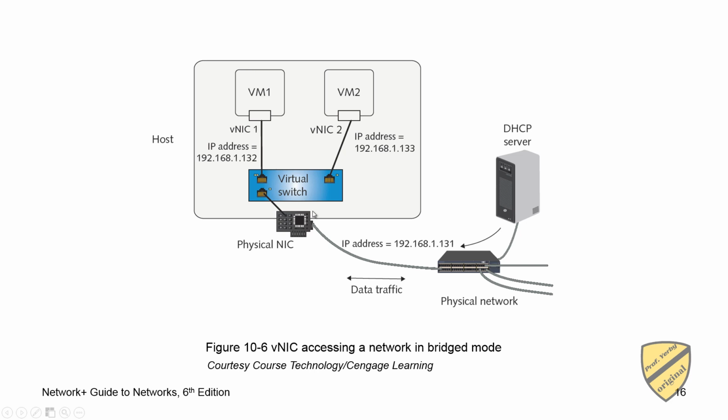It sends out a broadcast and says, hey, I need an IP address. And whatever is handing out IP addresses, if you have a DHCP server, or more likely your wireless router handling DHCP, says, okay, sure, here it is, and sends the IP information back to each device. So we see this is our device 132, and this is 133, and the IP address for the physical machine is 131.